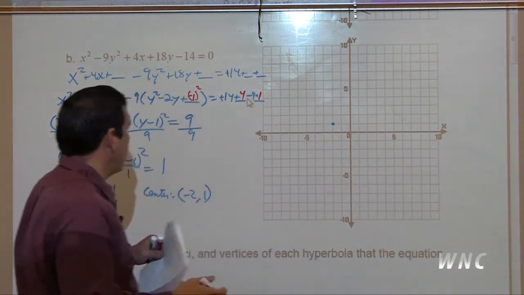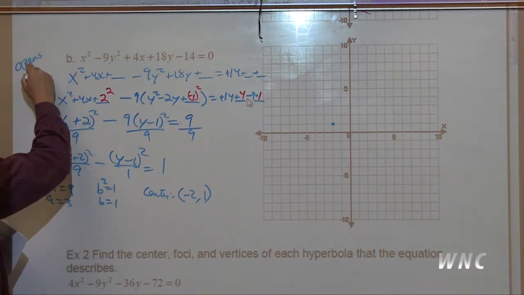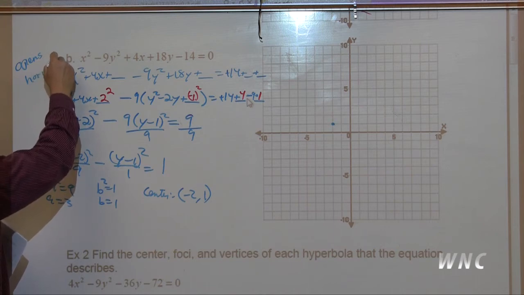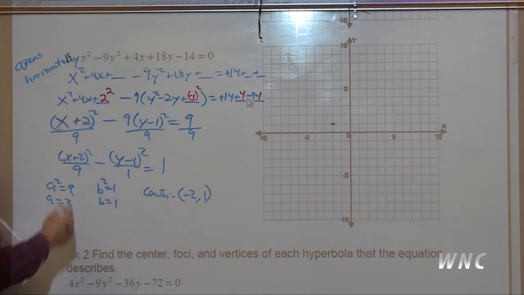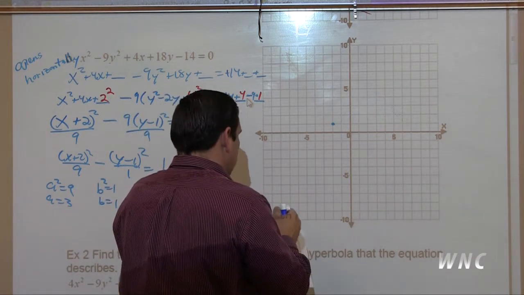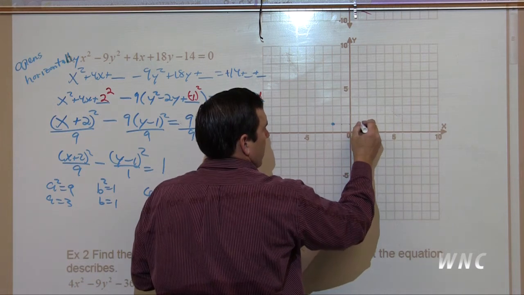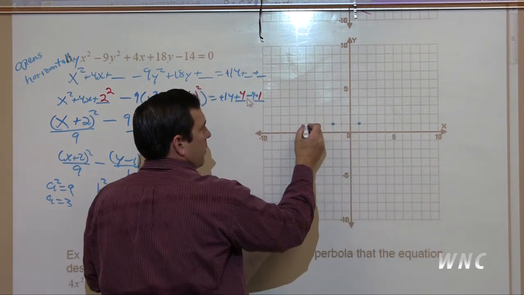So this opens horizontally. If our a is 3, it's going to go to the right 3 and the left 3.